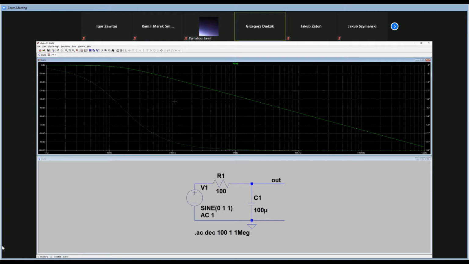You have to take a look at the scale on your characteristics. At first look it looks like our signal is decreasing as a linear function according to frequency. No, it is not true, because the frequency axis is in logarithmic scale. Yeah, so please be very careful about it.